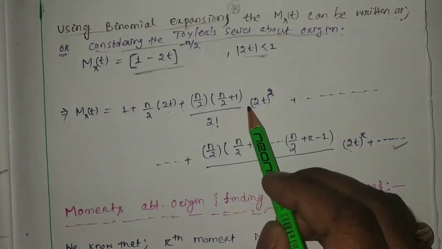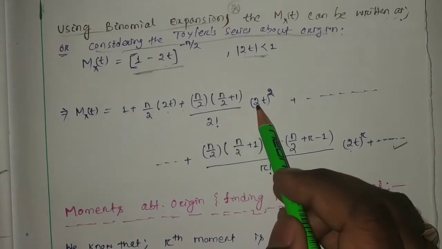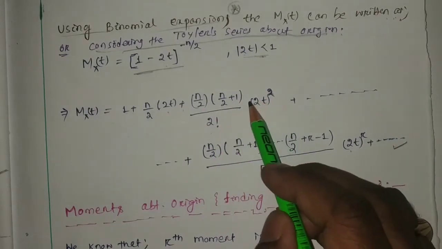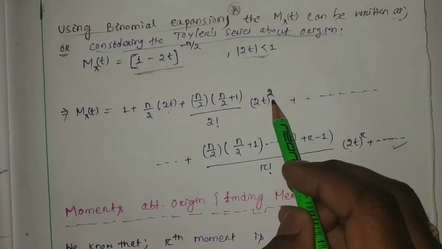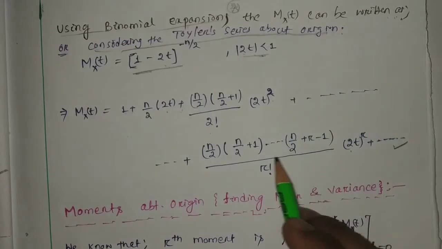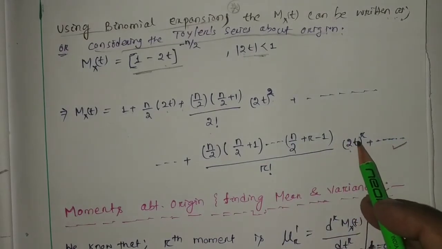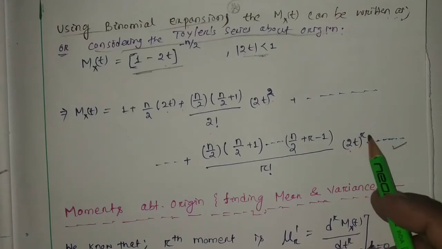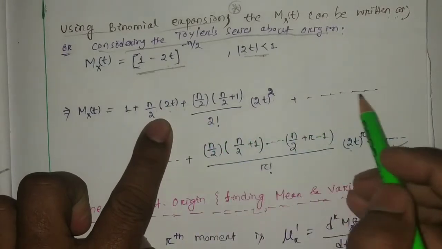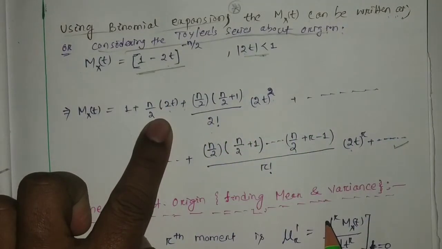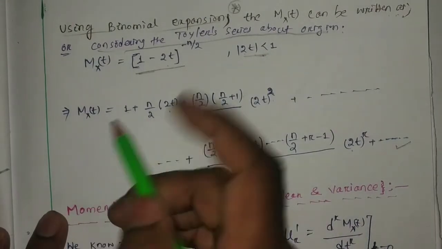This term you can find n by 2, n by 2 plus 1 by 2 factorial. Here this will be 2 to the power 2 means 4, and t square derivative will be 2t. Likewise this will be 2 to the power r and r into t to the power r minus 1. That means except this term, all the terms will contain t after first differentiation of MX(t) with respect to t, right?